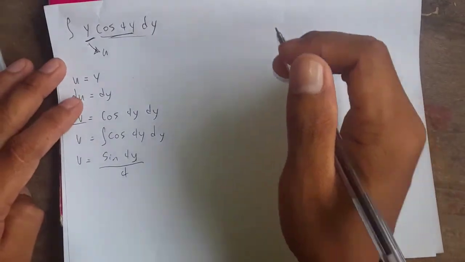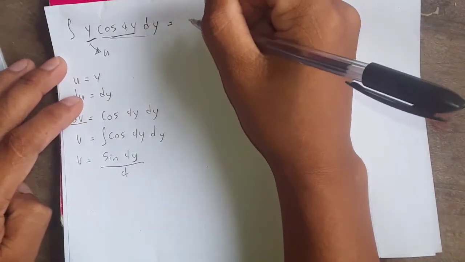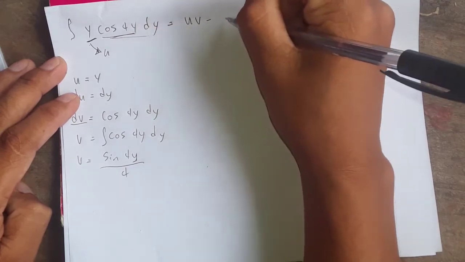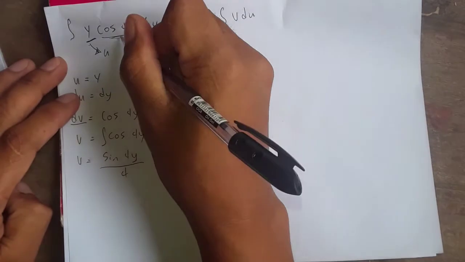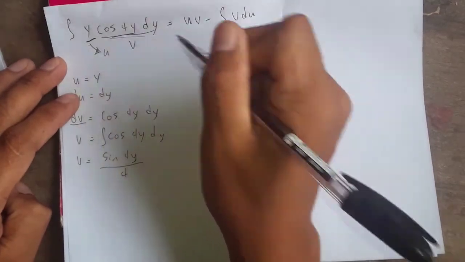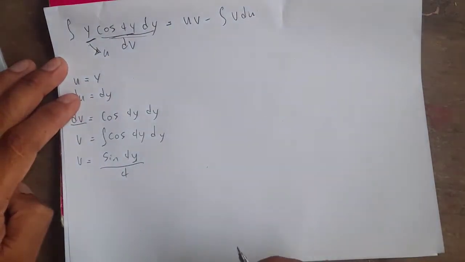So therefore, by the formula of integration by parts, we have uv minus the integral of v du, because this is your u and this is your v, your dv.